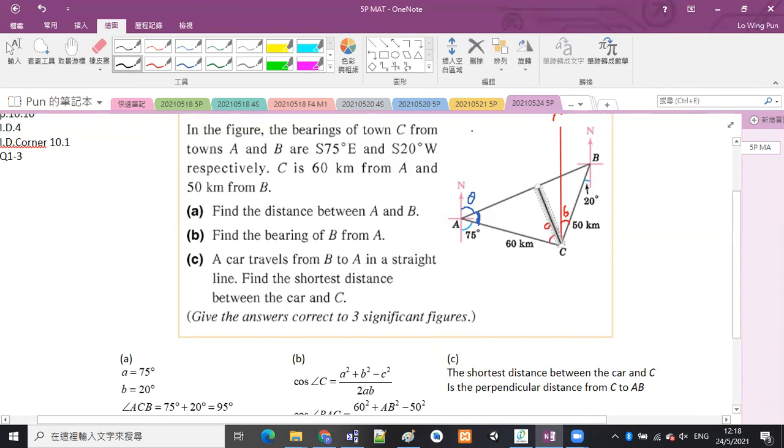Let me call this point P. CP. CP is the perpendicular distance from C to the line AB. Okay. So this is a required distance, right?